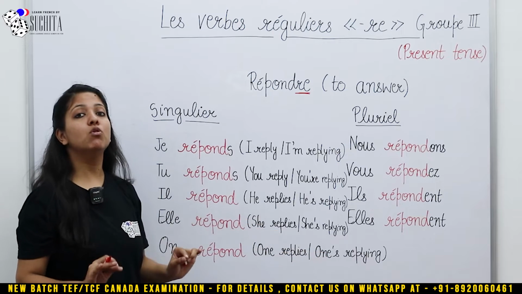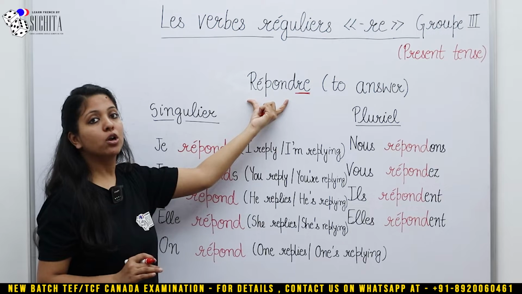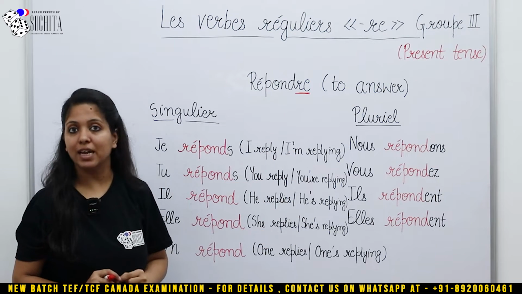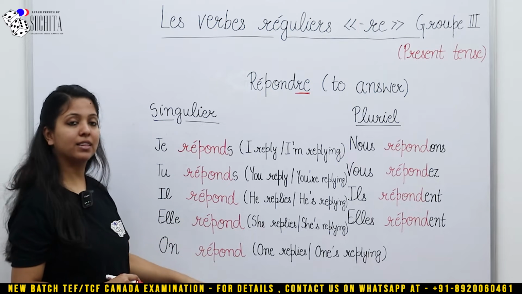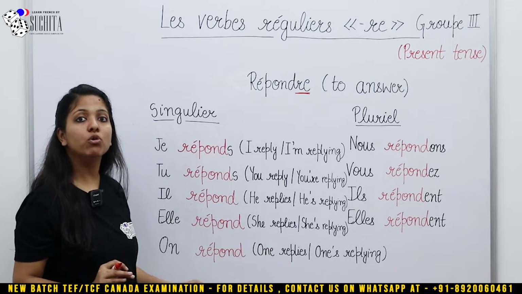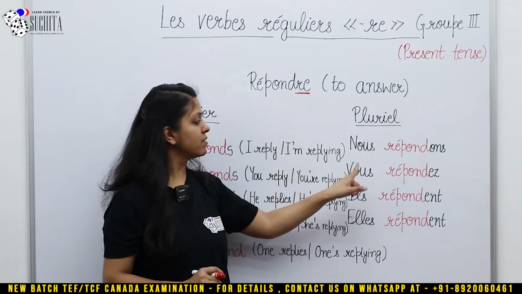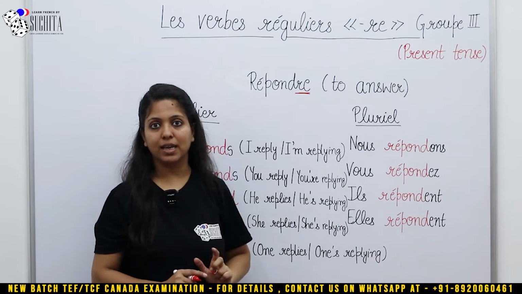Then we are going to add certain endings: S, S, and nothing. In il, elle and on, you do not have to add anything. Now, nous, ONS, vous, EZ, ils and elles, ENT.